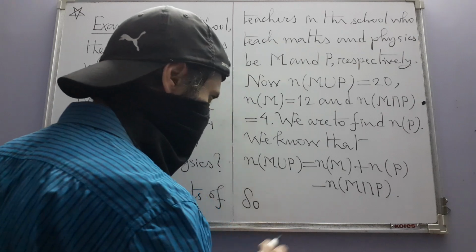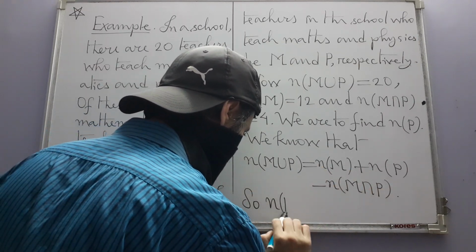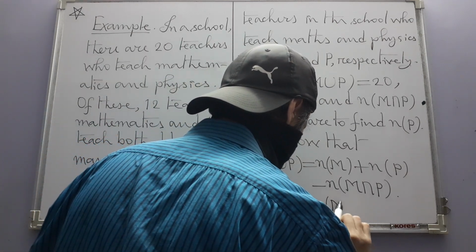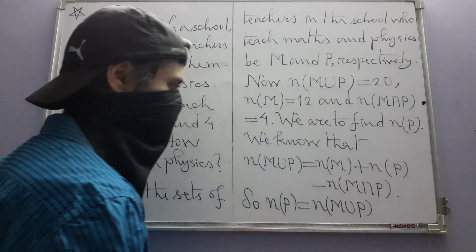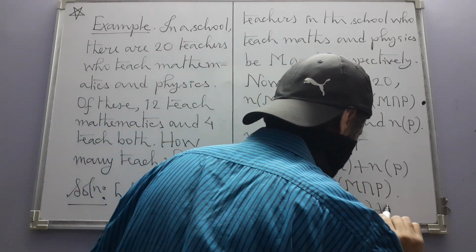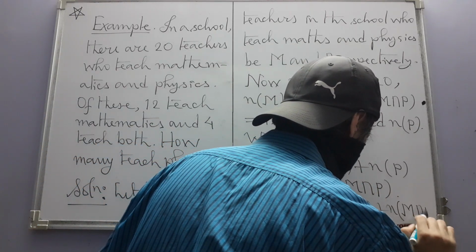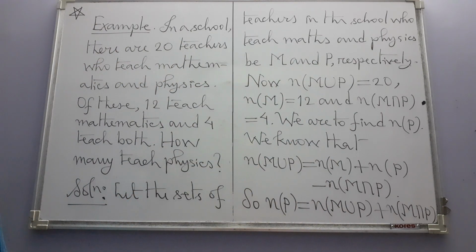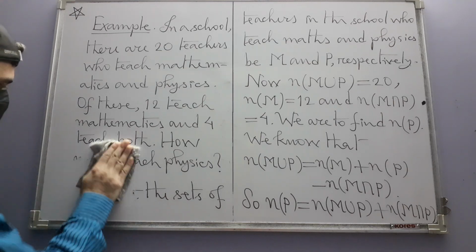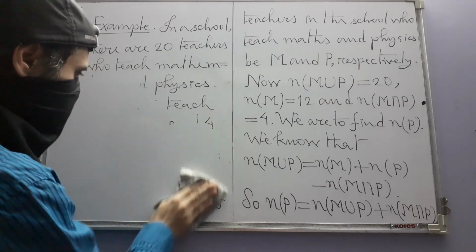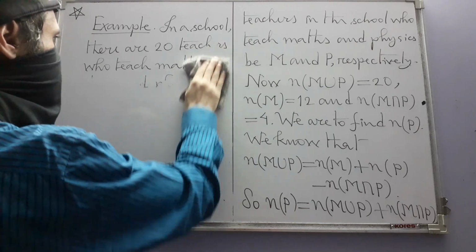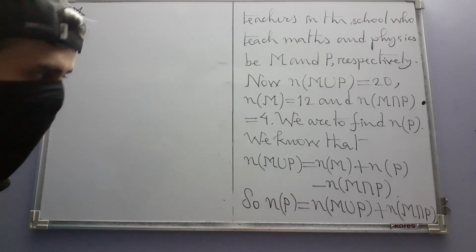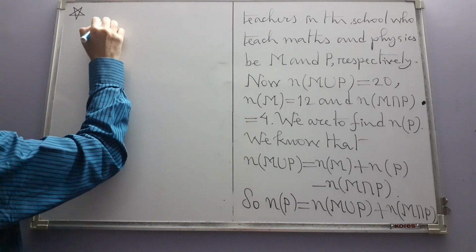So you need n(P), so n(P) is equal to n(M union P) plus n(M intersection P) minus n(M).